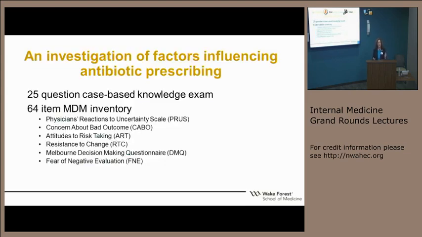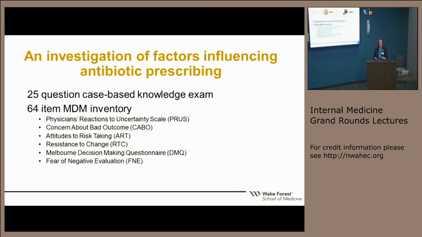So we wanted to investigate this a little bit more here at Wake Forest, so I wanted to share some results of a study we did here to look at what are some of these factors that influence antibiotic prescribing in addition to knowledge.